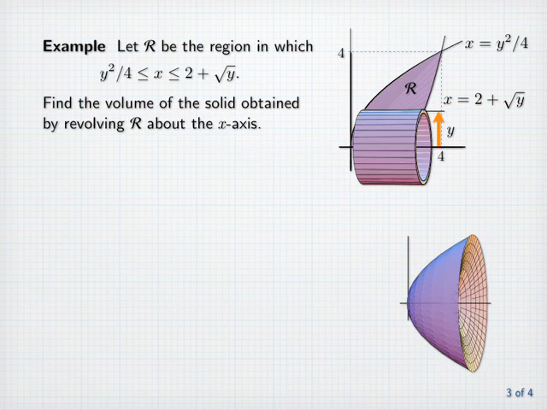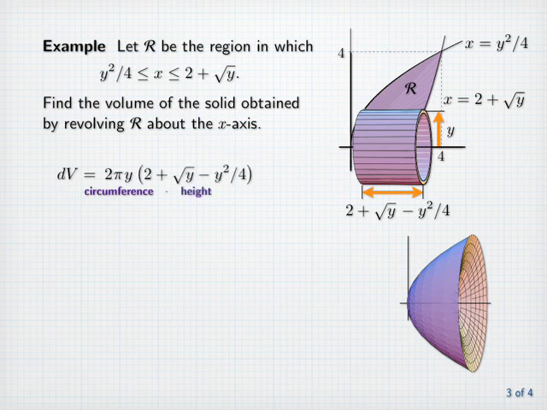Clearly the radius of the shell is y, and its length is the x-coordinate at the right end, which is 2 plus the square root of y, minus the x-coordinate at the left end, which is y squared divided by 4. So our volume differential dV equals shell circumference 2 pi y times height (2 plus the square root of y minus y squared over 4) times thickness dy.